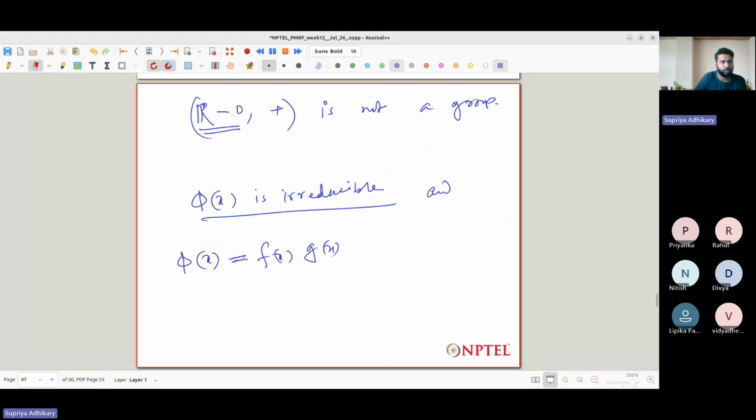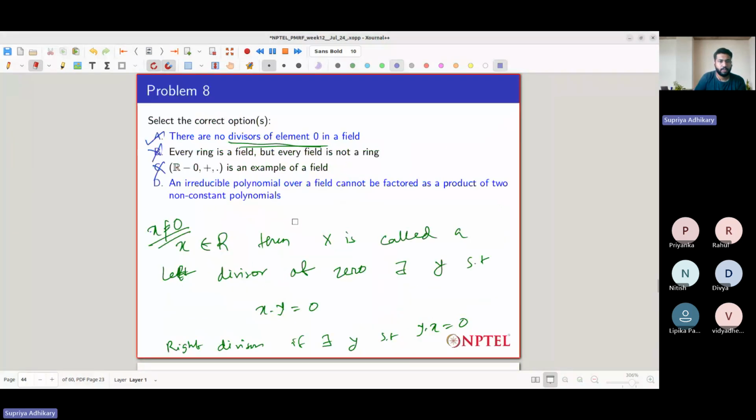Actually, there is nothing to prove. This is the definition of an irreducible polynomial. The definition says that an irreducible polynomial cannot be factored into a product of two non-constant polynomials.